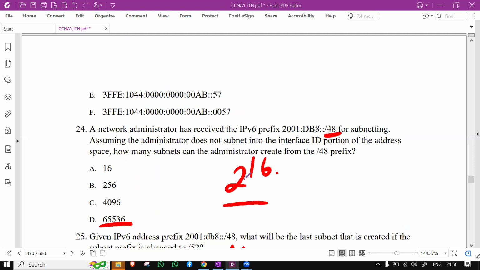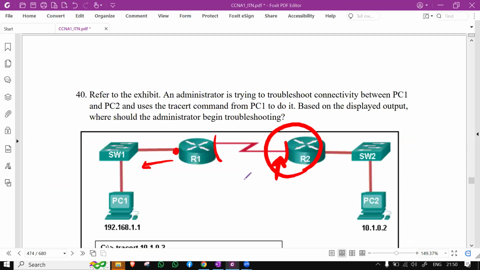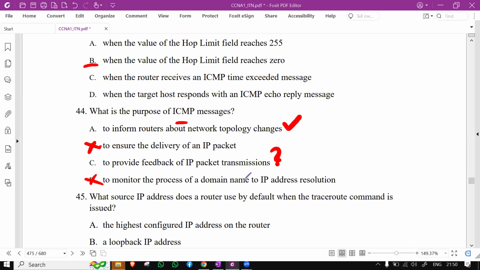Providing feedback. Okay, so the answer. If I was in this exam, I think I need to answer this one: to provide feedback of IP packet transmission. Okay, let's take C.